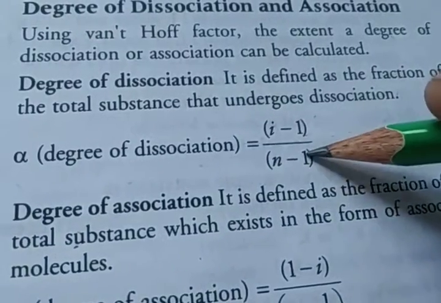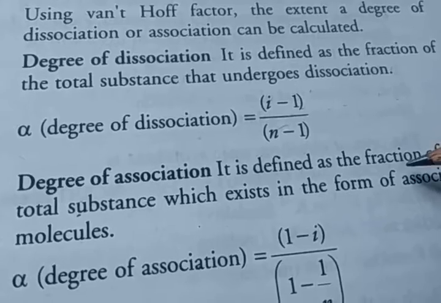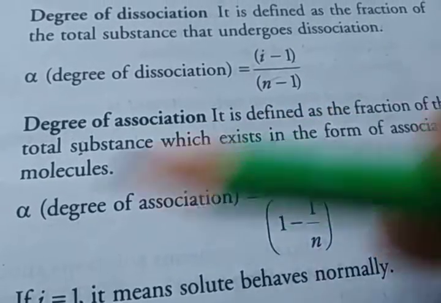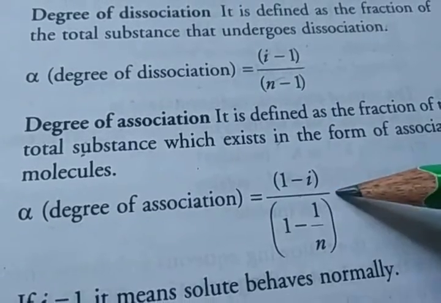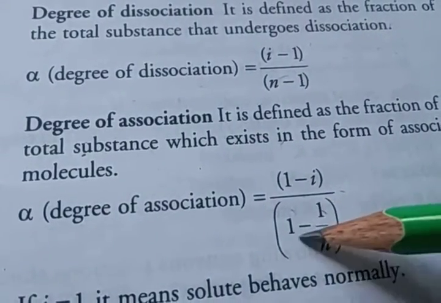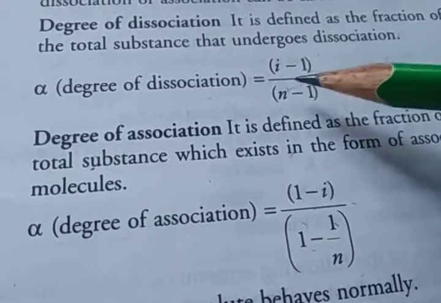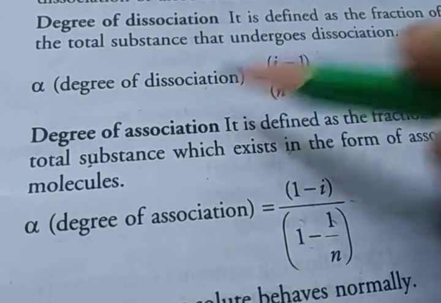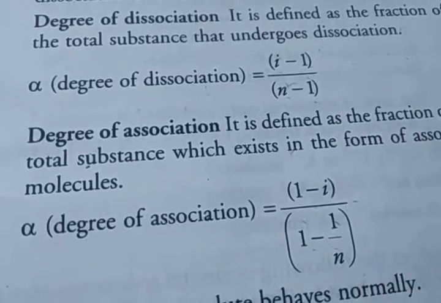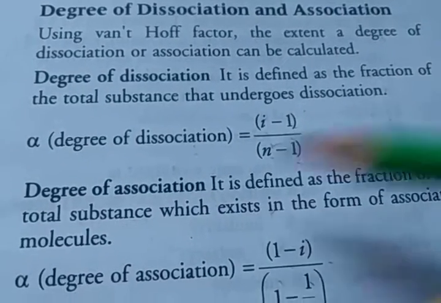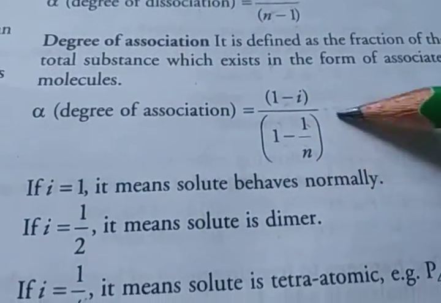The degree of association is also denoted by alpha, and its formula is 1 minus i divided by 1 minus 1 upon n. Here you see the i value is greater than 1 for dissociation, so i minus 1 divided by n minus 1, but it is reversed in association: 1 minus i divided by 1 minus 1 upon n.